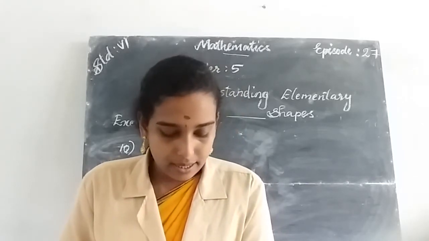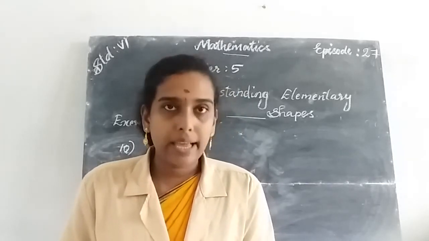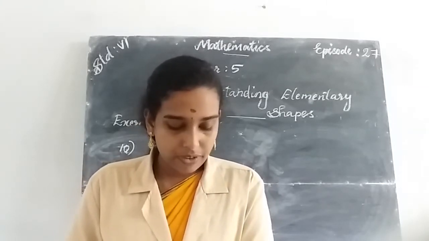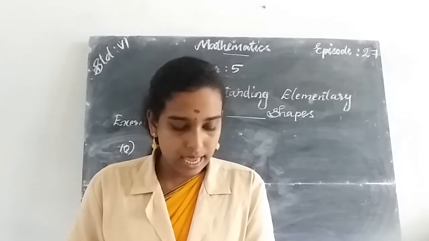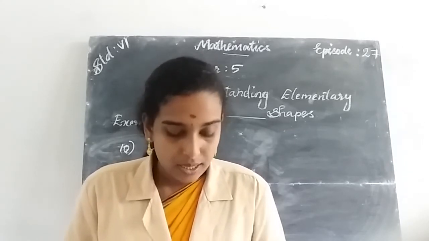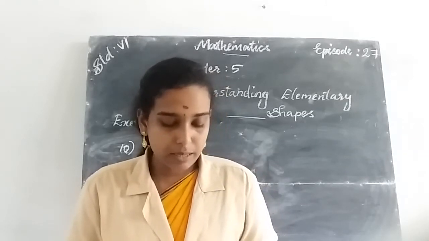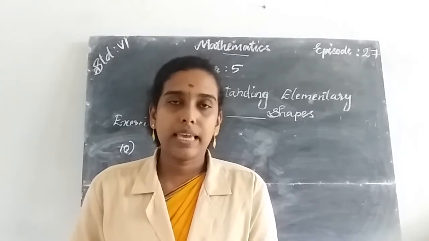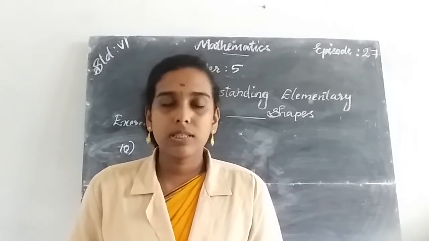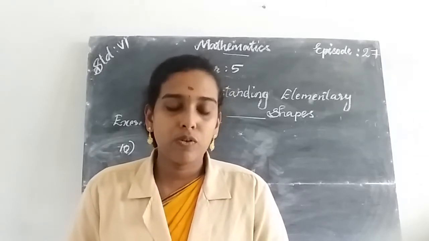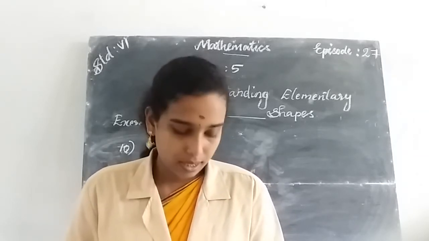If you look at the figure using a magnifying glass, does the angle become larger? The measure of an angle will not change by viewing through a magnifying glass. You can see the same measure of the angle.